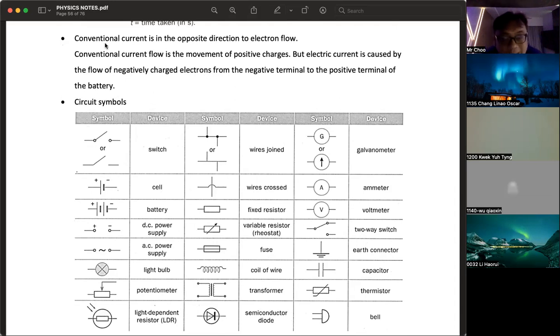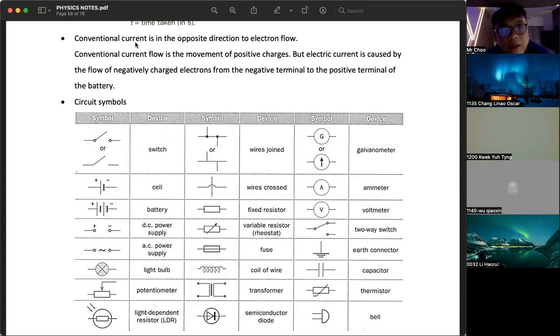Conventional means plus go to minus, or north go to south, or high go to low. When you drop something from a 5 meter height down to 1 meter height, it's plus go to minus, a big number to a small number. So everything that you do in your diagram and calculation is all plus to minus.